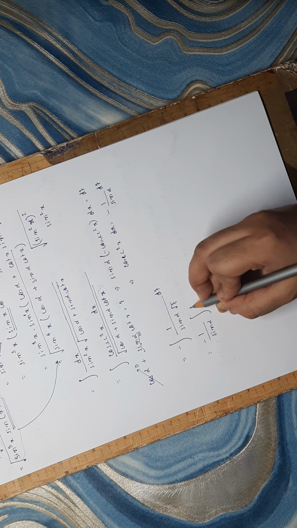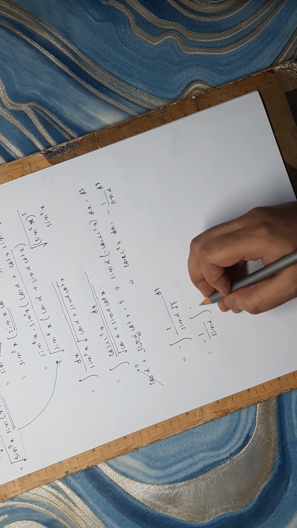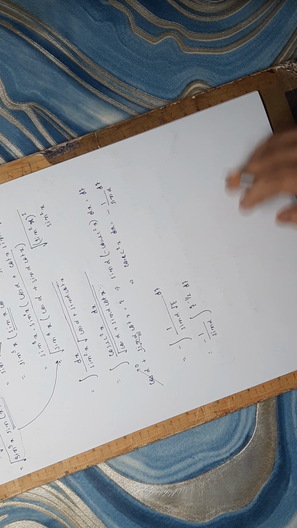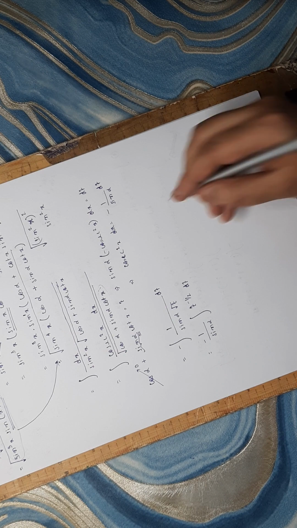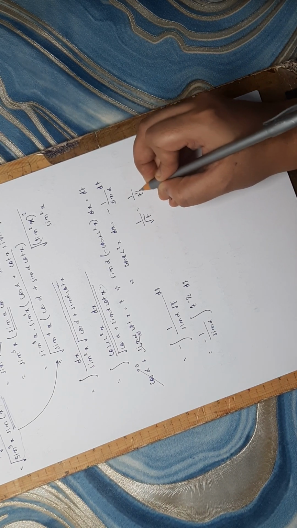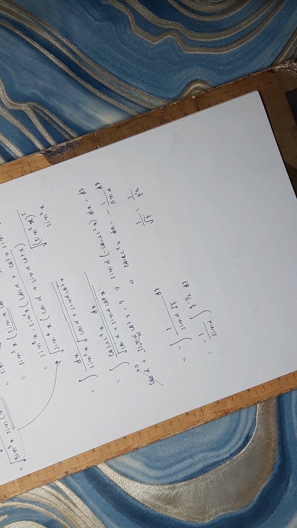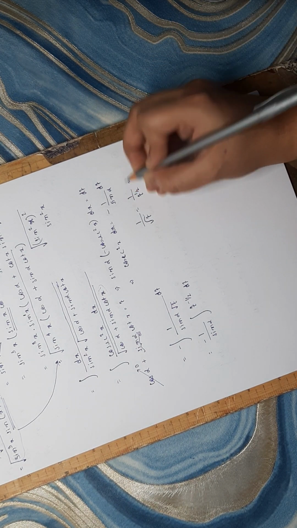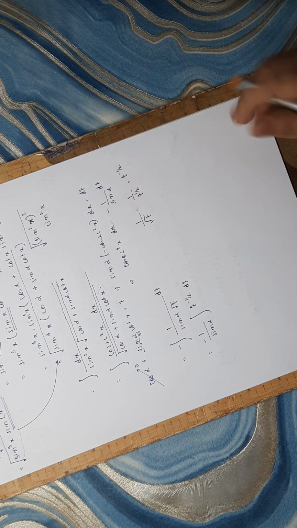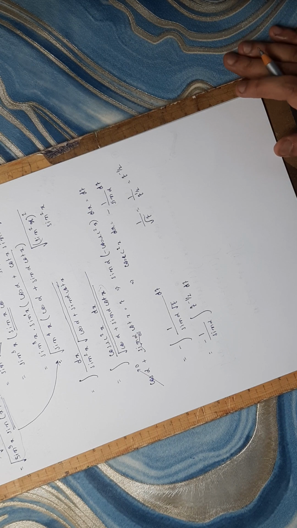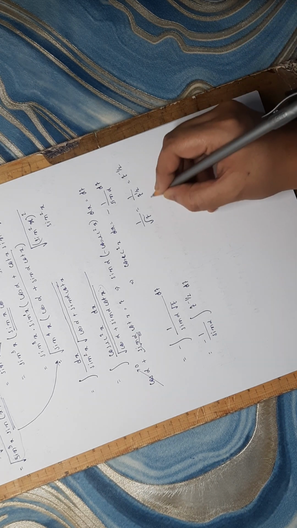We will simply take it outside. So ultimately we will be left with t to the power minus half into dt. As I have already told you earlier, 1 by root t is nothing but 1 by t to the power half, and when this goes up, it becomes minus half. Many times I have told you this, so I hope there is no confusion regarding this particular part.